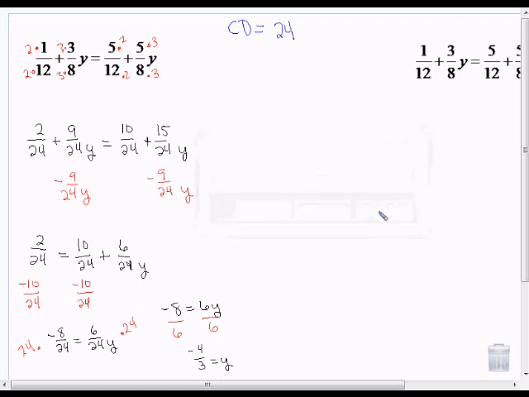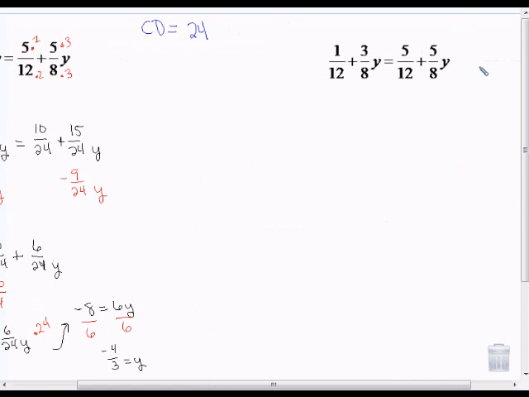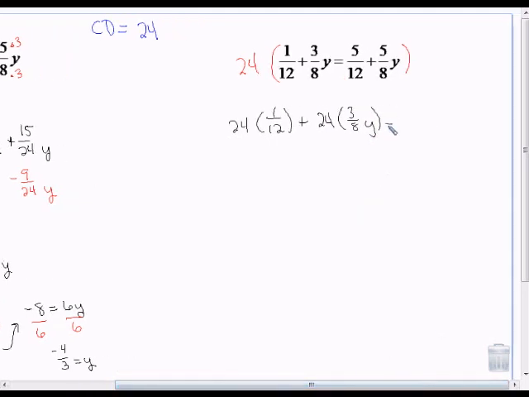Now, try to clear the fractions. We're going to multiply everything times 24. Okay, so I get 24 times 1/12 plus 24 times 3/8 y equals 24 times 5/12 plus 24 times 5/8 y.